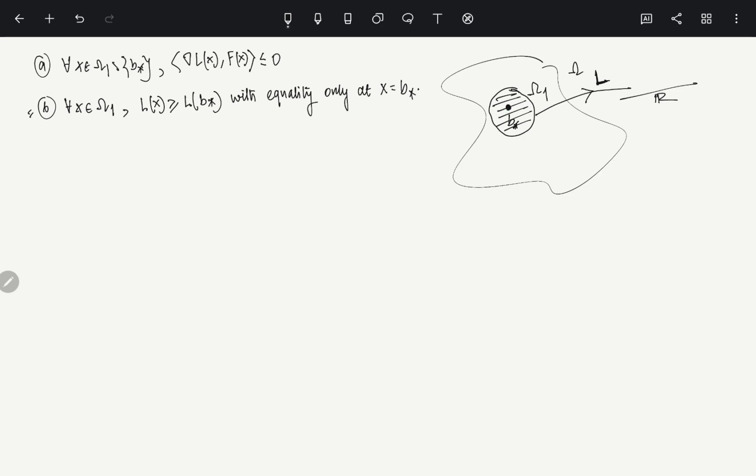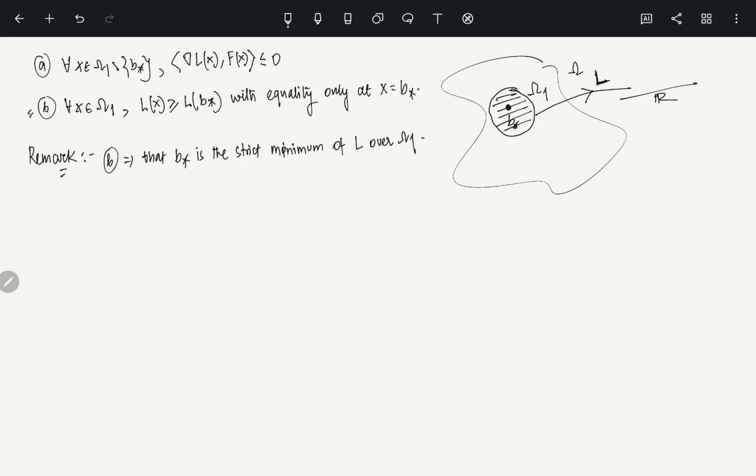So B star has to be a strict minimum of L over omega 1. The condition b implies that the point B star is the strict minimum of L over omega 1. So that's your b.